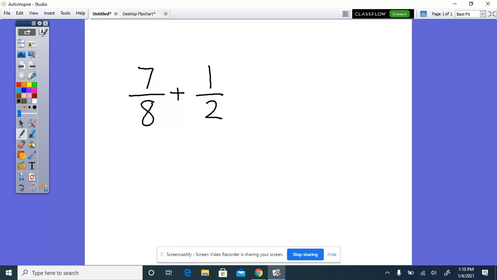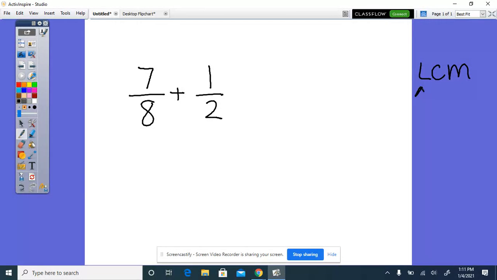Okay. So if I have 7/8 and I am adding a half to 7/8, we first need to find what is called a common denominator. That means a common number that 8 and 2 have in common. Okay, so this is also known as the least common multiple. So I'm going to write that right here, least common multiple.